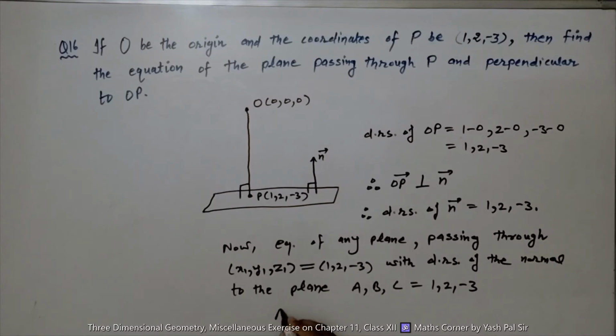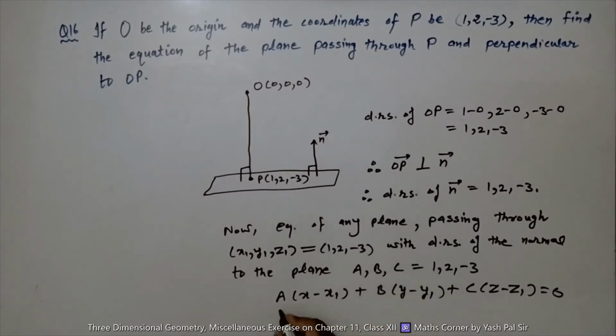Equation is like this: a into x minus x1 plus b into y minus y1 plus c into z minus z1 equal to 0. Here the value of a is 1, x1 is also 1, b is 2, y1 is also 2, c is minus 3, z1 is also minus 3, so plus 3 equal to 0.